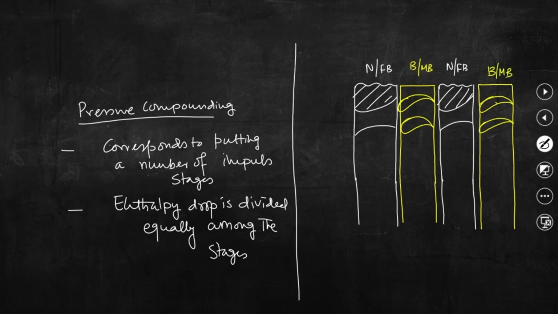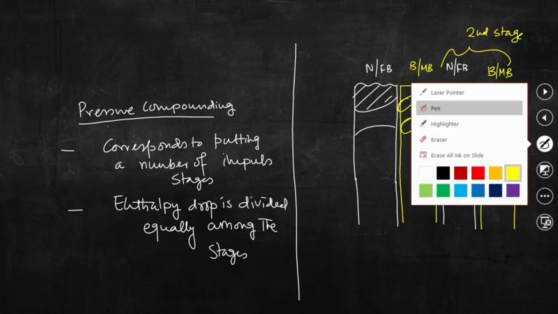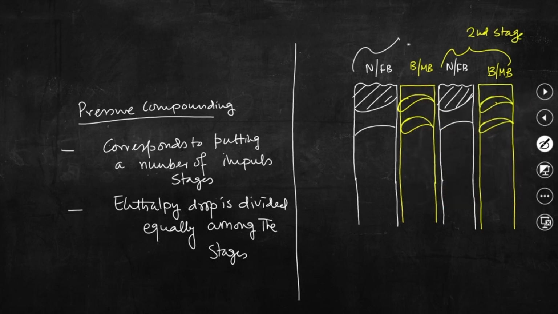So, try to understand, these two rows are the second stage and these two rows are the first stage.